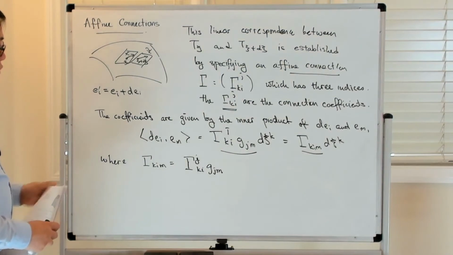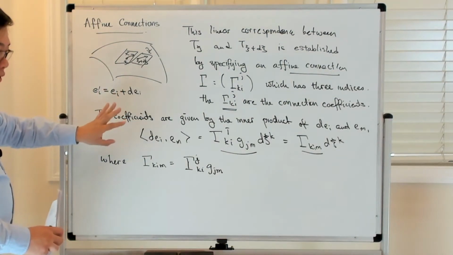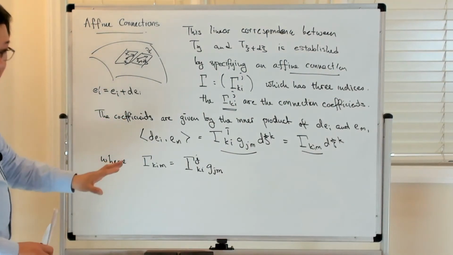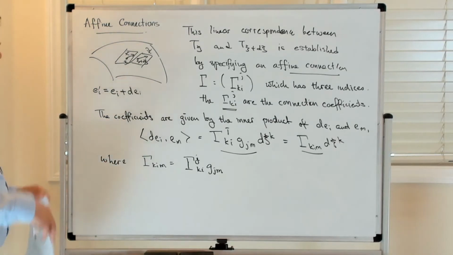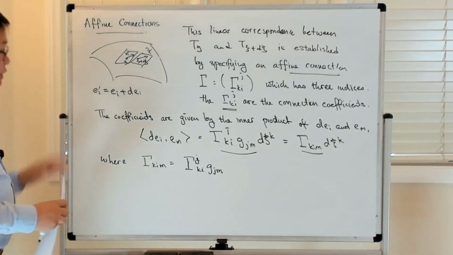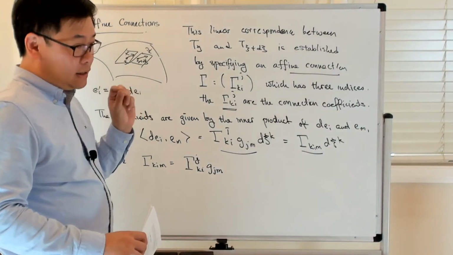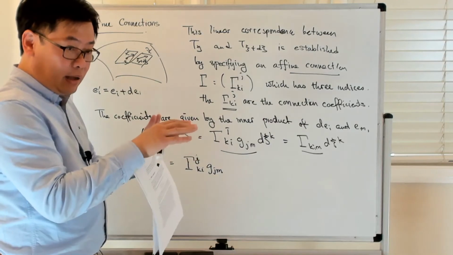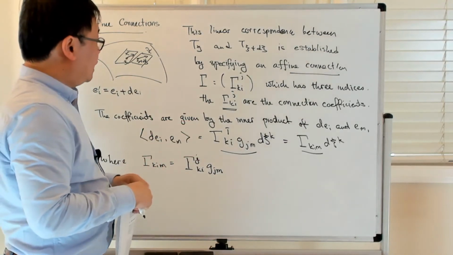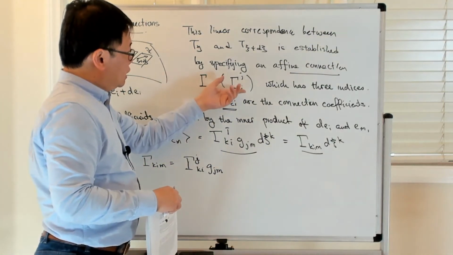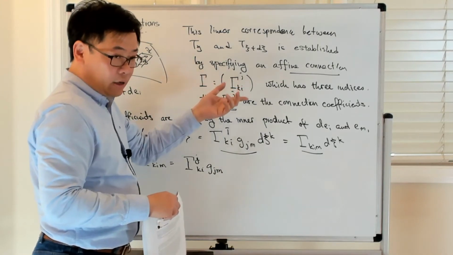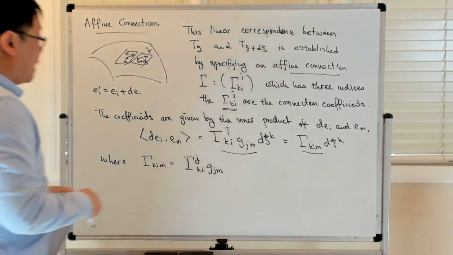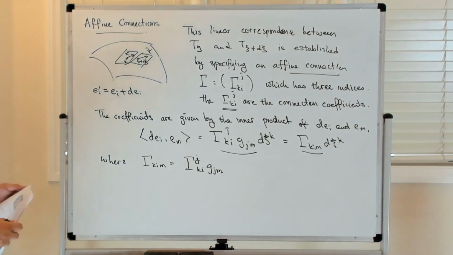So this still leaves open the question of how to specify the affine connection. It just says you can characterize this identification of tangent spaces of nearby points in terms of the connection coefficients. It doesn't tell you how to choose one.